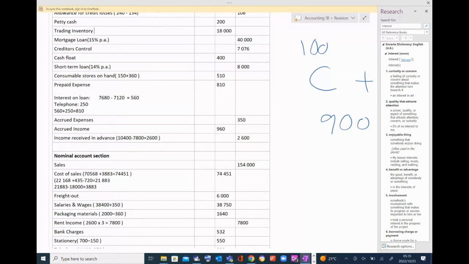For instance, where they say rent income, we have 2,000 every month, so we have 12 months of the year. Rent income should be 24,000. So you need to check by way of your calculation: does it match the 24,000 rent income that you have in your trial balance? Sometimes they'll just throw in additional information, but it might not necessarily need an adjustment.